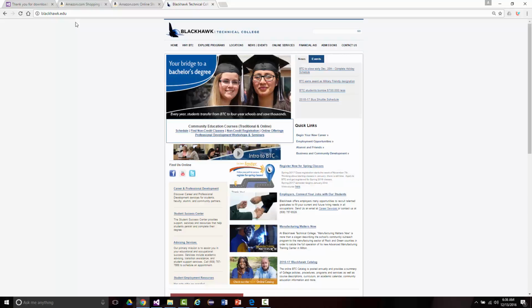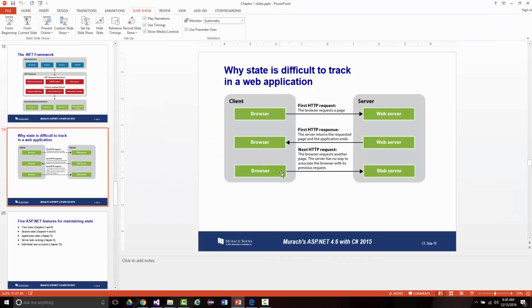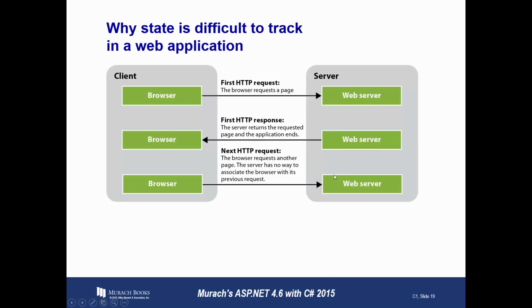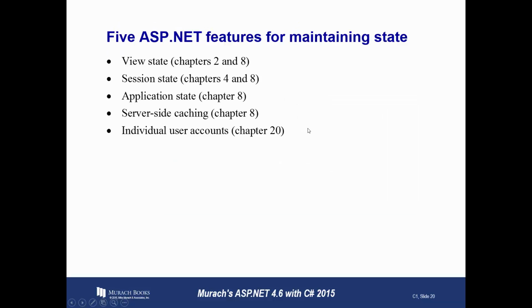And what you see, the system has no idea that these requests came from two different machines. That's because, as mentioned here, when I make my next request, the server has no way to associate the browser making this request with the browser that made that request. Okay? So we're going to talk more about session state, as you can see, in several chapters.